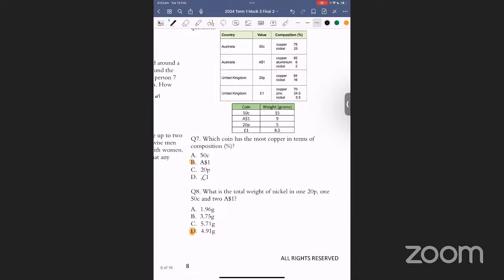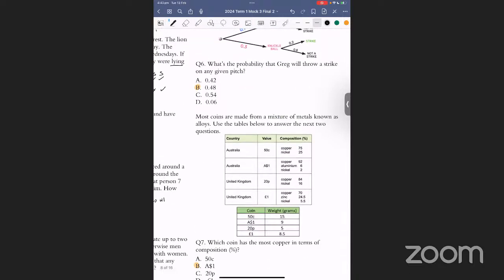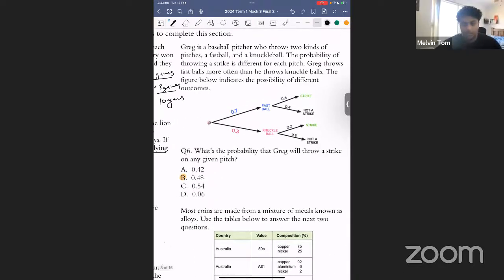Sorry? I sent you another question in the chat. Question 6. Yeah. All right. Greg is a baseball player who throws 2 kinds of pitches, a fastball and a knuckleball. The probability of throwing a strike is different for each pitch.